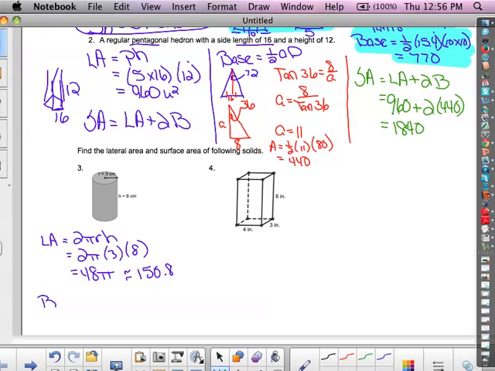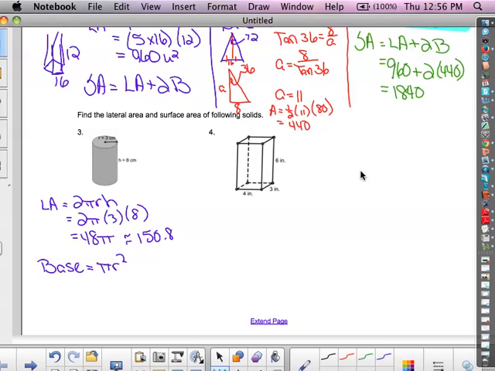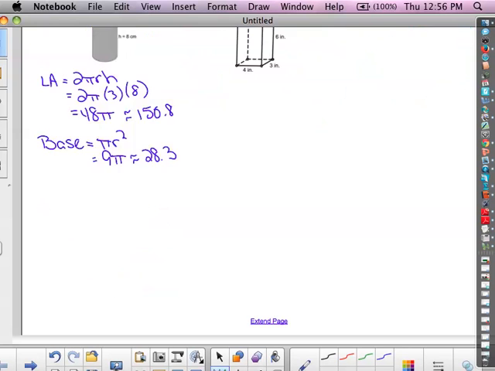Then you have to find the area of the base. Remember, the base is a circle, so pi r squared. So that's going to give me 9 pi for a base, which is approximately equal to 28.3. Then my total surface area is equal to the lateral area plus 2 times the area of a base.